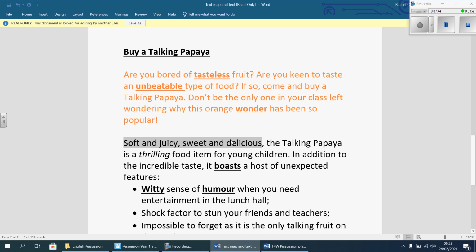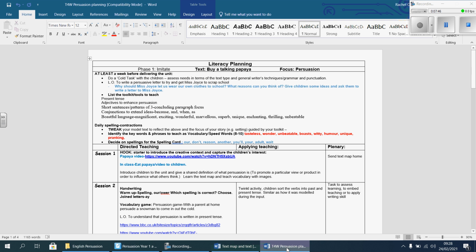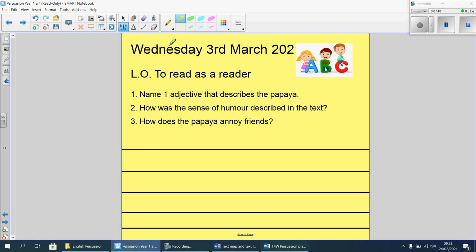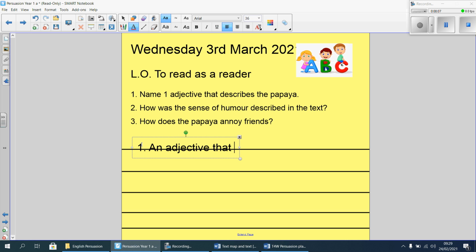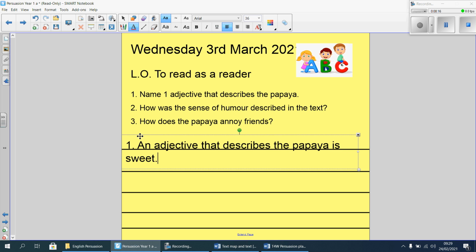So I just need one of those adjectives, and I'm going to choose sweet. We need to answer our question in a sentence. So we're going to write number one, name one adjective that describes the papaya. So we're going to start with: An adjective that describes the papaya is sweet.